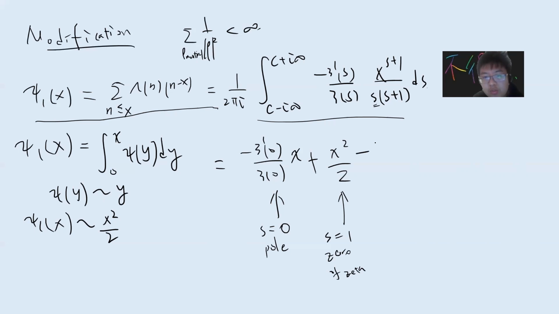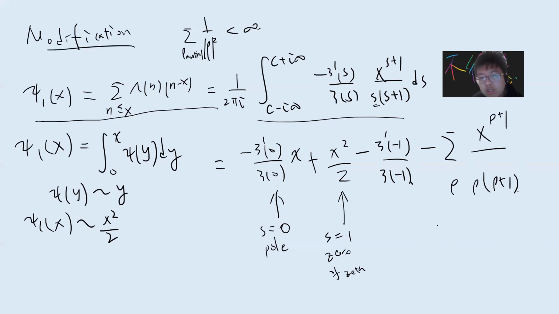And also an s equals minus 1 term, so I get this. And I get a constant term, which is not important. Then minus the sum over all rho of x to the rho plus 1 over rho times (rho plus 1). By the previous results, real part of rho is less than 1, so real part of rho plus 1 is less than 2.